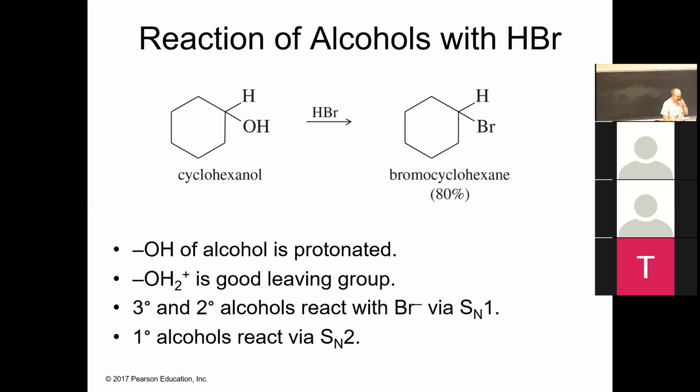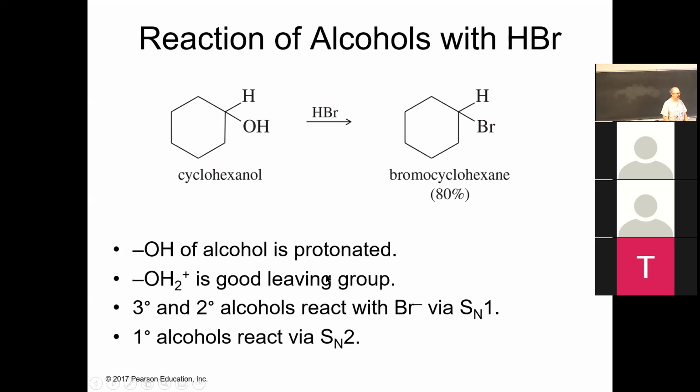We can convert alcohols to alkyl halides using HCl, HBr, HI. This is not always the best way to make that conversion. It does produce a better leaving group.